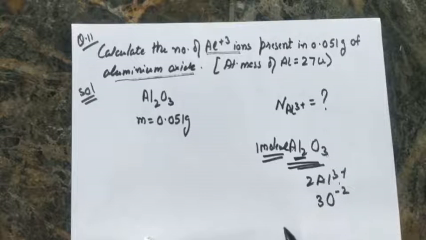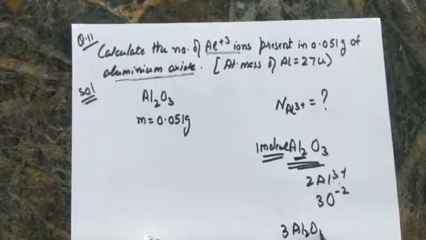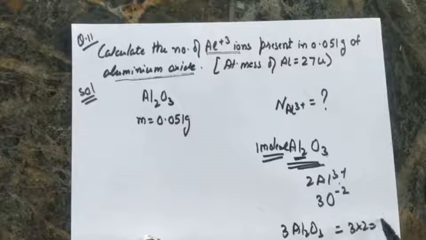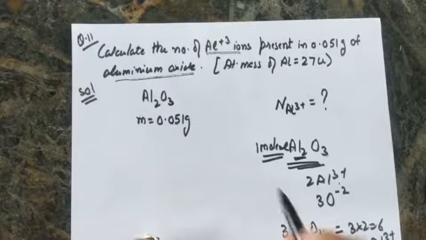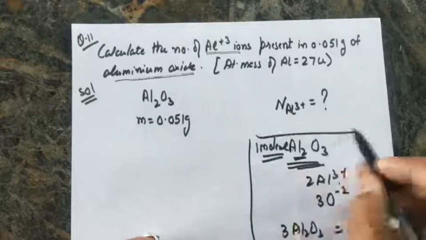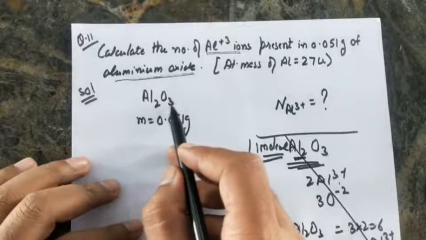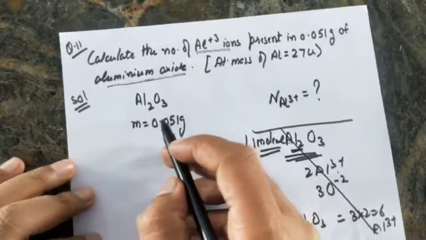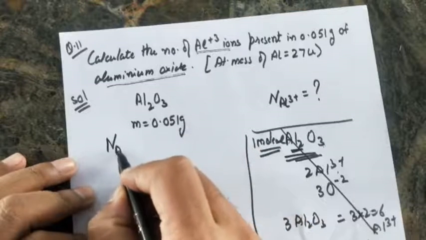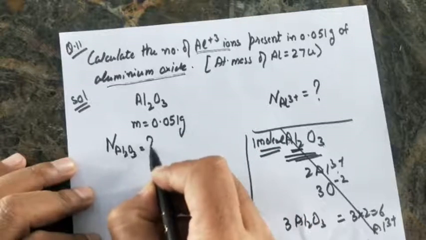Therefore, if there are 3 aluminium oxide molecules, then obviously there will be 3 into 2, that is equal to 6 aluminium ions. That means in this case, first of all, we will have to calculate the number of aluminium oxide molecules.